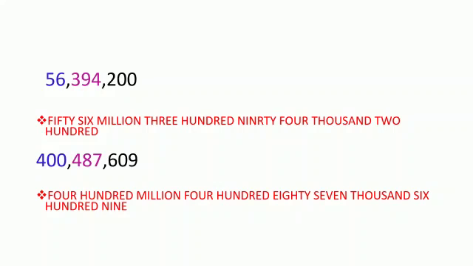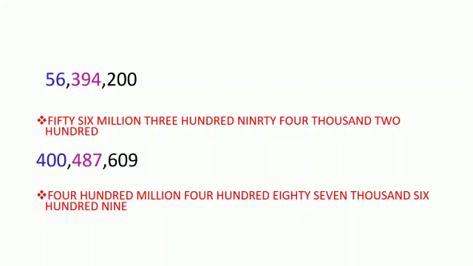The next example, we can tell on seeing this. In blue color, there is 400. So 400 million 487,609. I hope you all have understood how to name the numbers in the international place value system.